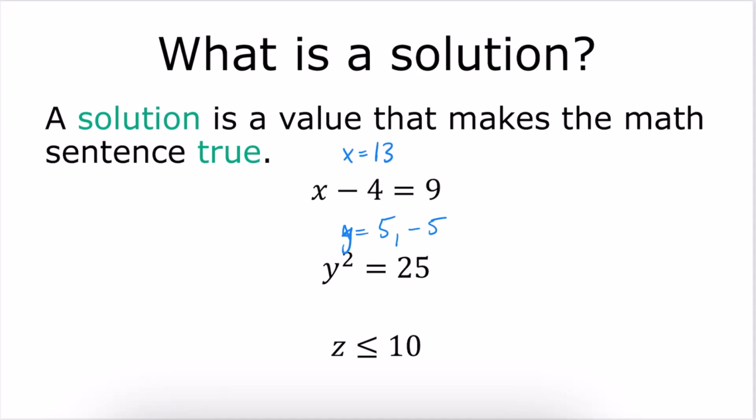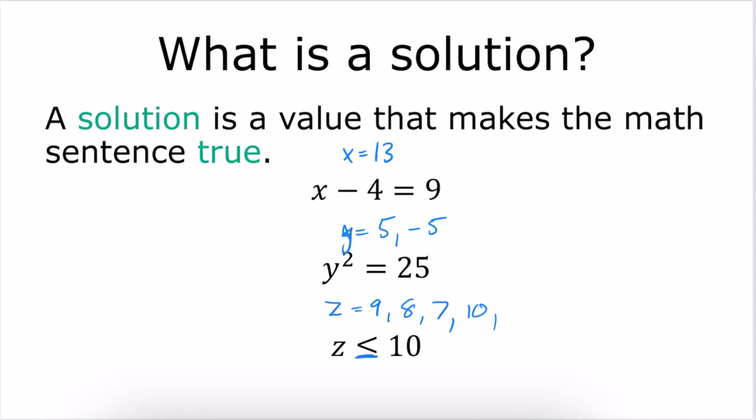And this last math sentence has an infinite number of solutions because you could have z equal 9, or you could have it equal 8 or 7. It could also equal 10 because 10 is equal to 10, and this line underneath the less than sign means that it can be equal.